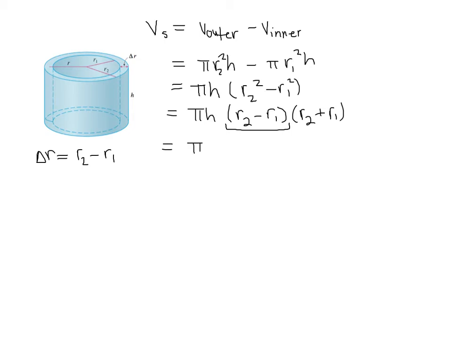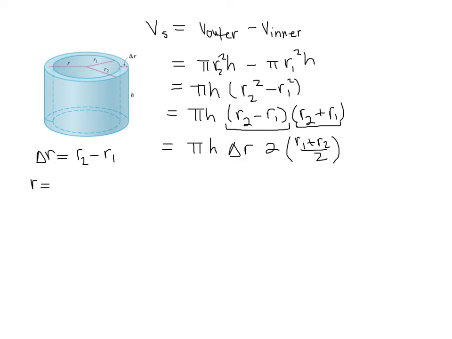So we have pi h times delta r, and I'm going to rewrite r2 plus r1 as 2 times (r1 plus r2) over 2. That's not actually different because those 2's would cancel. Now notice that (r1 plus r2) over 2 is the average radius of the shell.